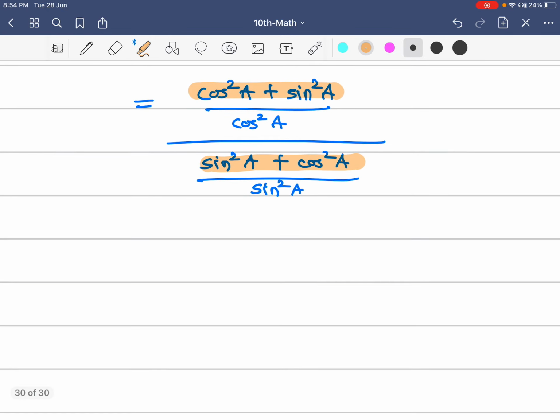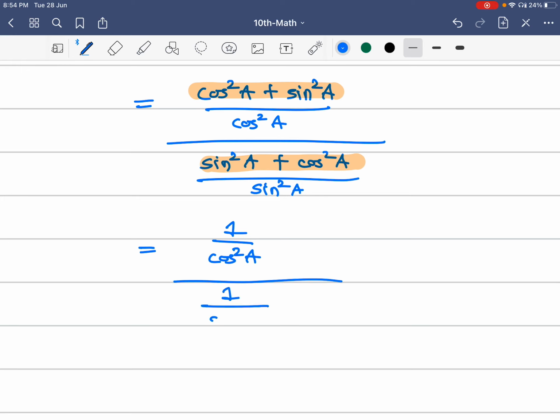So we are going to use that, and that is going to be equal to (1 upon cos square A) divided by (1 upon sine square A). Now once again we will multiply the denominator by sine square A, and we will multiply the numerator as well by sine square A. The sine square A and sine square A will cancel each other out.